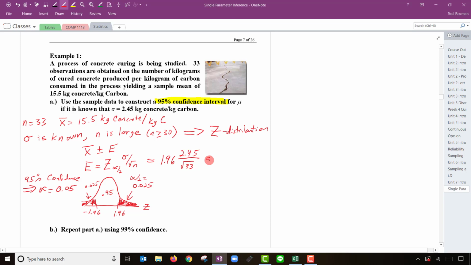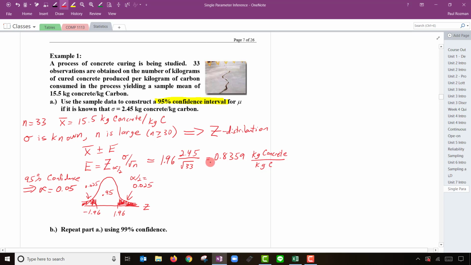We calculate this out, and I get 0.8359. The units are just the units of the data, which were kind of ugly in this example. Our error is 0.8359 kilograms of concrete per kilogram of carbon consumed in the curing process.